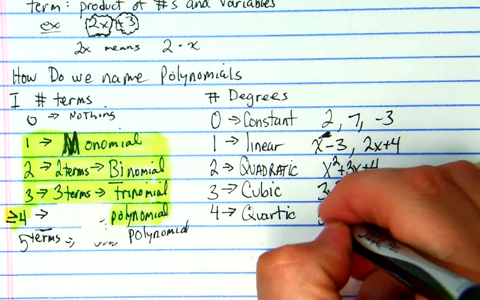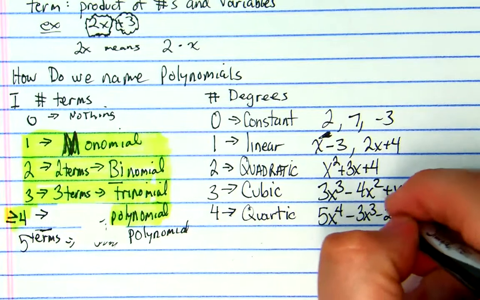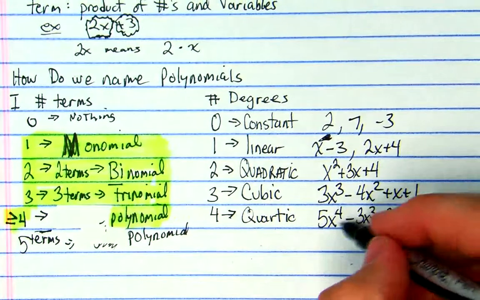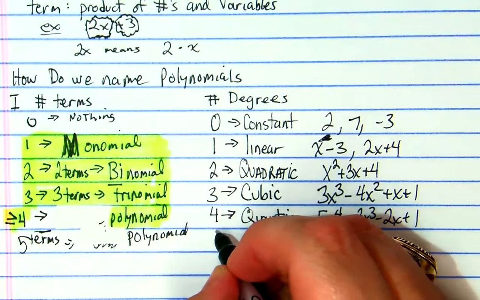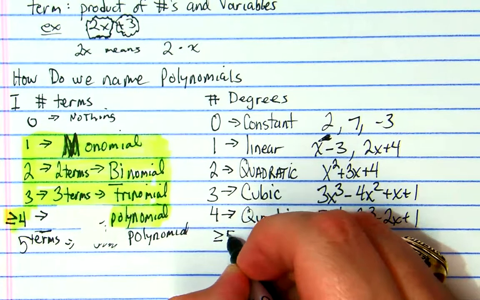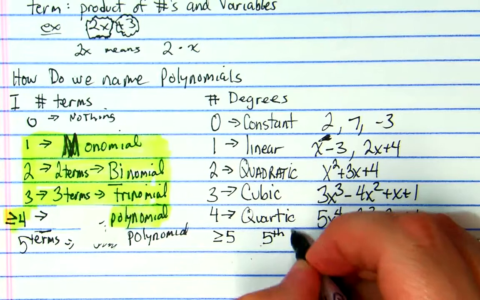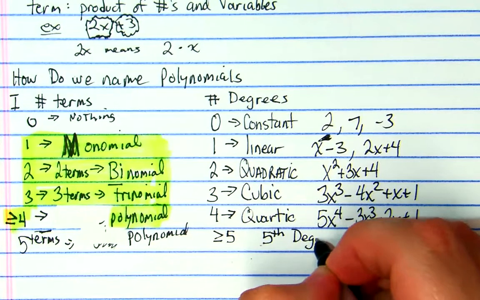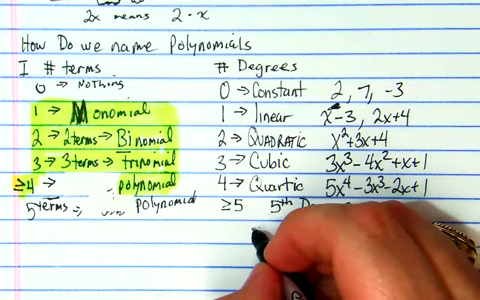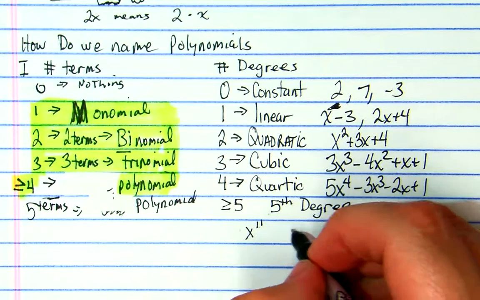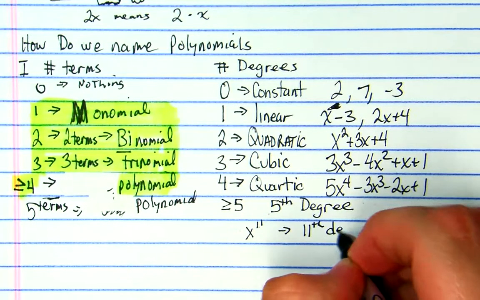If you have 5x to the 4th minus 3x cubed minus 2x plus 1, x to the 4th is the leading term, and we're good to go. If it's greater than or equal to 5, we just say 5th degree. Or if it's x to the 11th, it's an 11th degree polynomial.